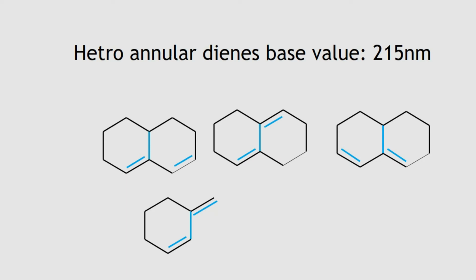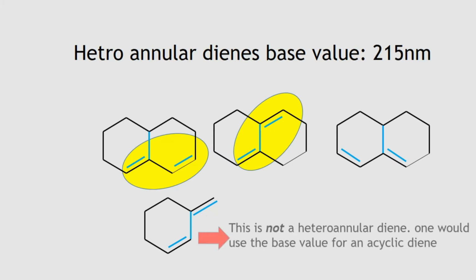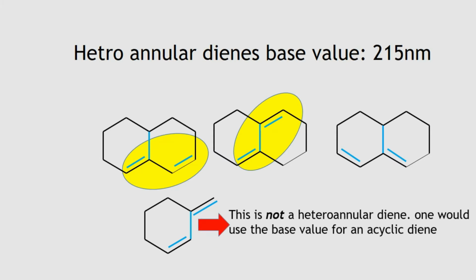The first three examples are of this type. In the second example, you can see that the double bonds are in conjugation, but the second double bond is not in a ring, so this is not a heteroannular diene, and one would use the base value for an acyclic diene, which is 217 nanometer, not 215 nanometer. So that is the difference between homo and heteroannular diene, and we also know how we consider a heteroannular diene.